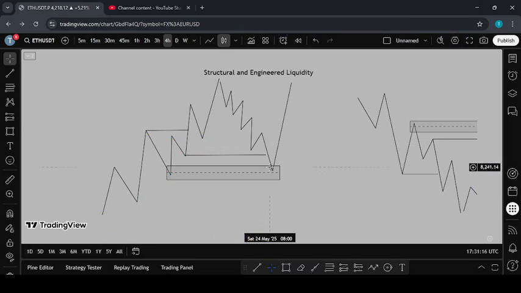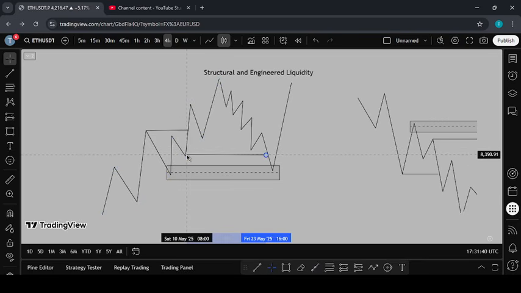And also most times when market creates this structural inducement or this structural liquidity, it does not even come down to the 50% level of this initial swing before the market buys. So there are so many things to look out for. This swing low to this swing high before the retracement starts, market does not even usually come to the 50% level.